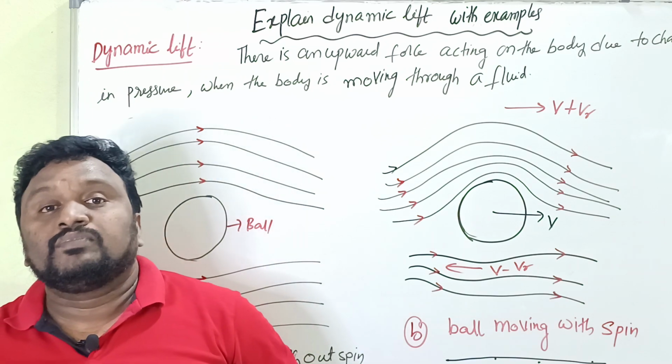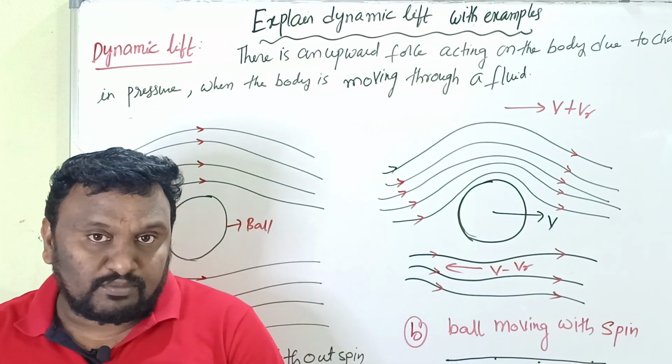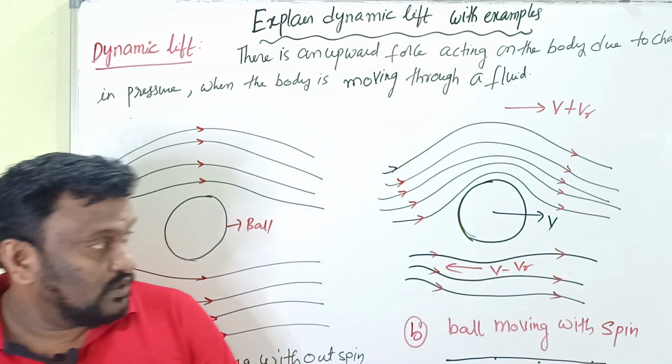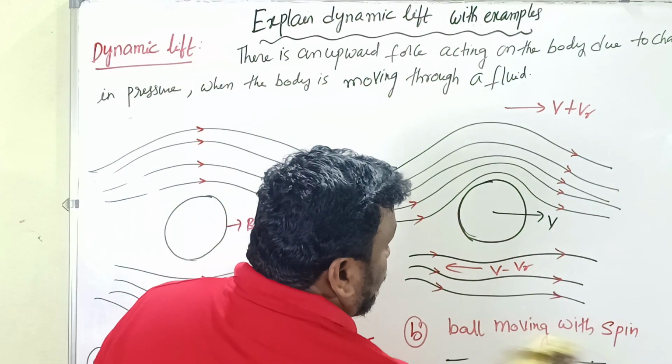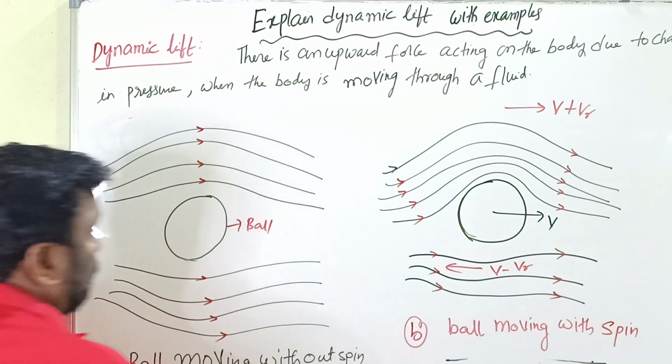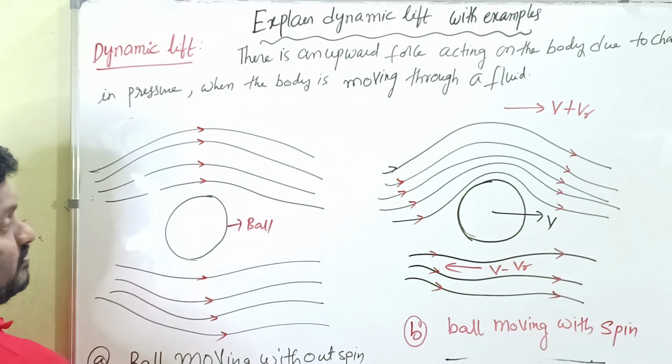Now let us see what happens in the case of a ball without spin and with spin. Here, look, on the board two diagrams are there. This is the first case: the ball moving without spin. The ball is not spinning; it is simply moving in air.